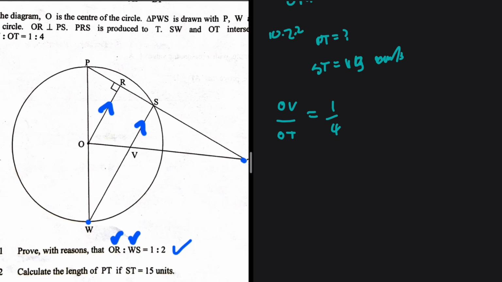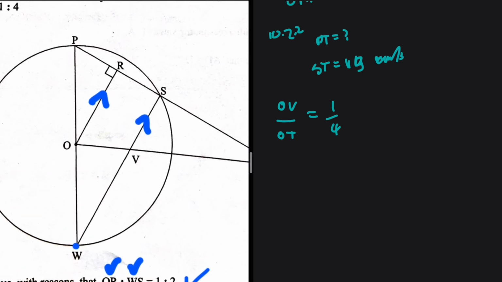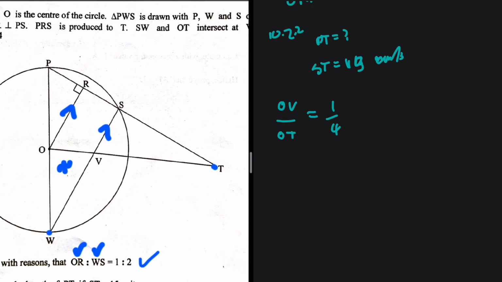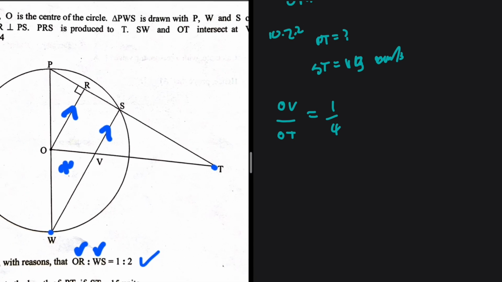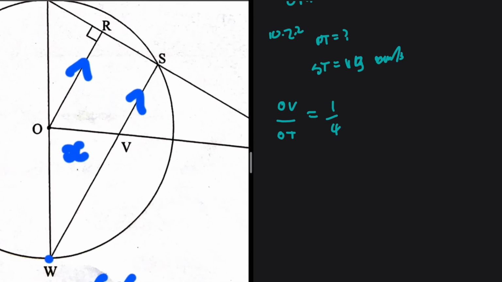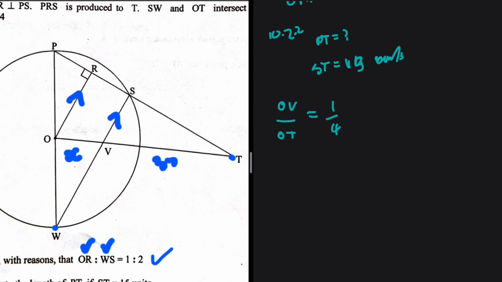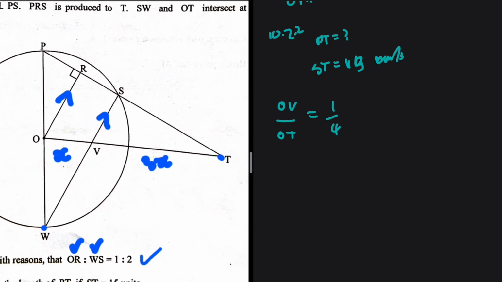OV is this side, right? So the ratio is 1 over 4. If this is x, then OT should be 4x. So here we should have 3x, so that OT can be 4x. But OR and VS are parallel, so this should also be x, and then this should be 3x. Do you see that?